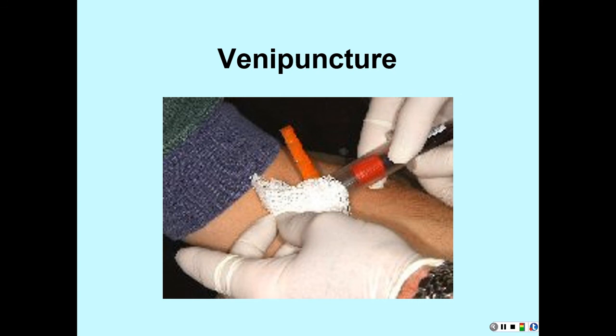But once you've got all the blood that you need, pop your tourniquet, and then use a little piece of gauze or cotton, whatever you have, hold a little pressure on it, take your needle out, and then you're going to dress it or continue to hold pressure. Y'all have had blood drawn. Y'all have seen how that works, right?